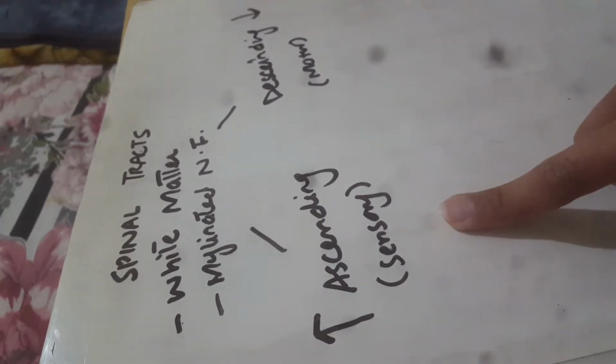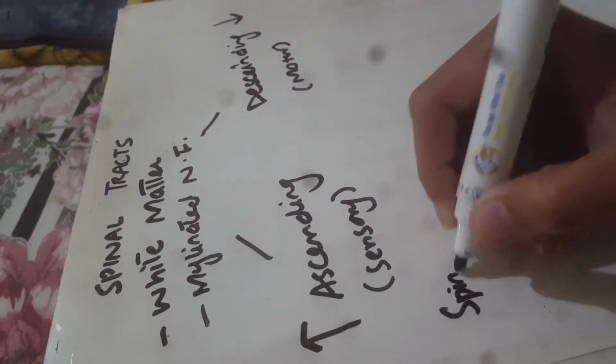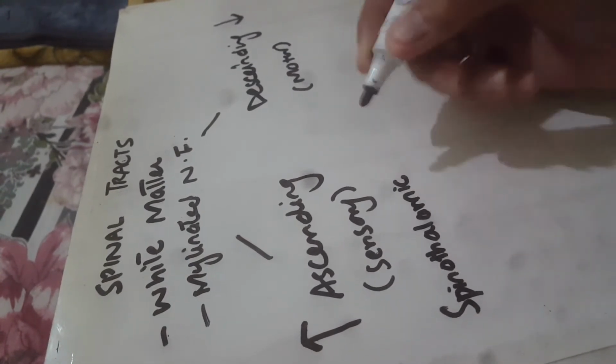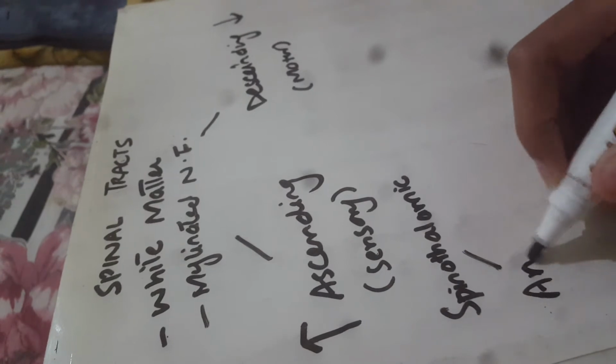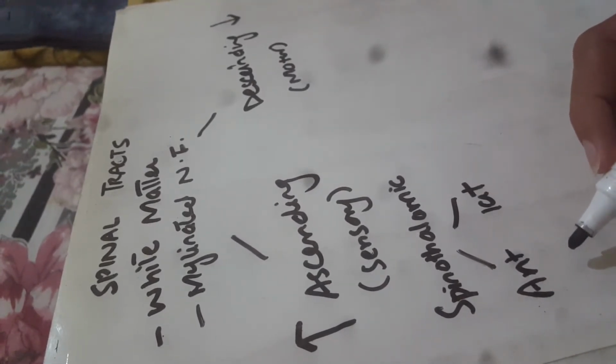In ascending, we have the spinothalamic tract. We have two types of spinothalamic tract: the anterior spinothalamic tract and the lateral spinothalamic tract.